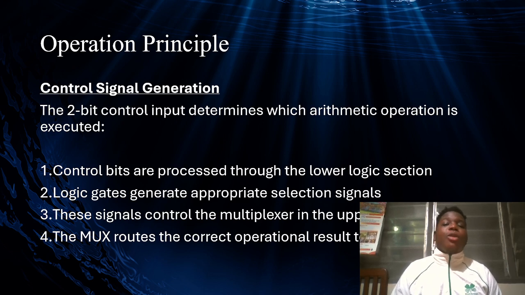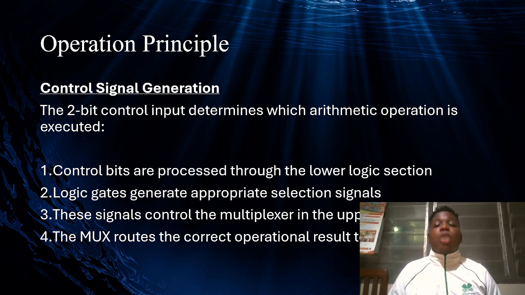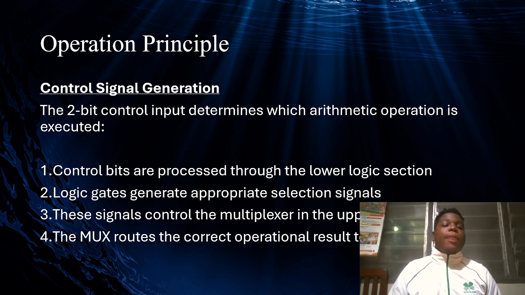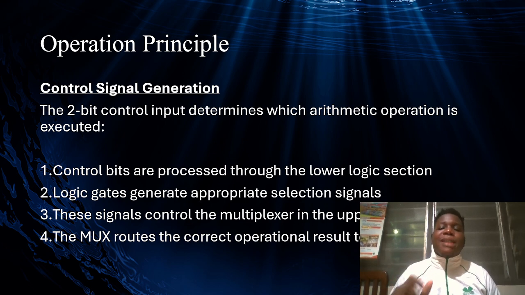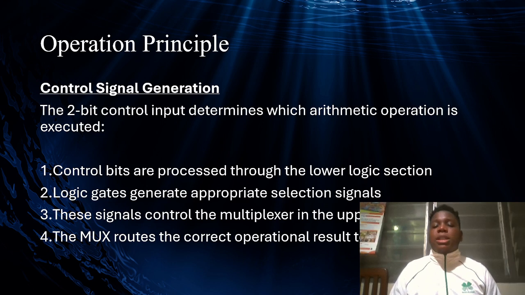Now, let's talk about the operation principle. The control signal generation: the 2-bit control input determines which arithmetic operation is executed. Okay, 1. Control bits are processed through the lower logic section. 2. Logic gates generate appropriate selection signals. 3.